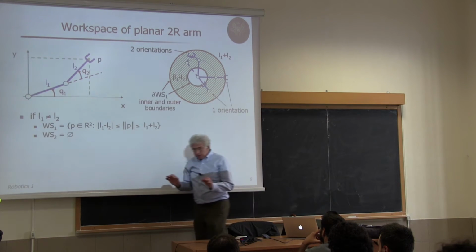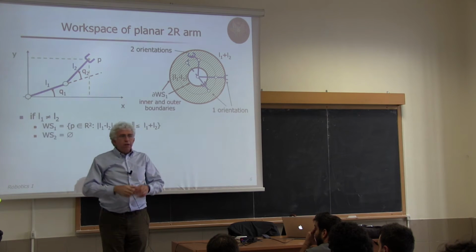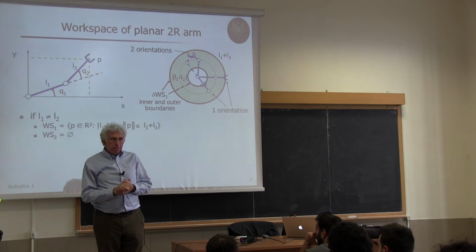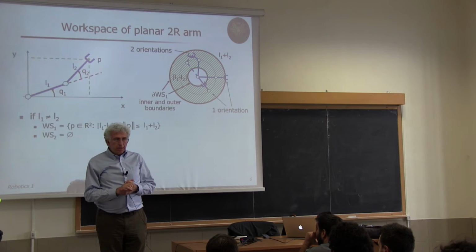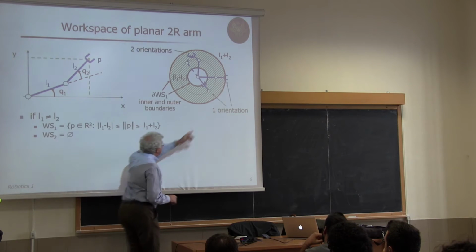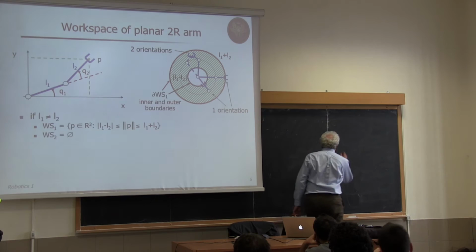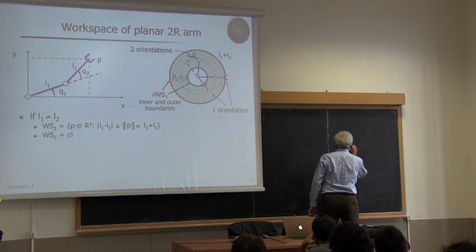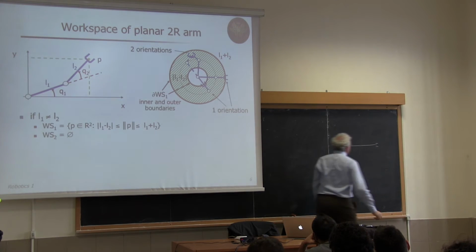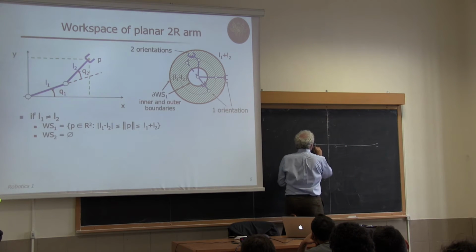And this happens no matter if L1 is longer than L2 or if L2 is longer than L1. You see it? Okay? Suppose that this last link is very long. You will have a situation like this. Now, this is when the robot is stretched. When I'm folding it, I'm going here.